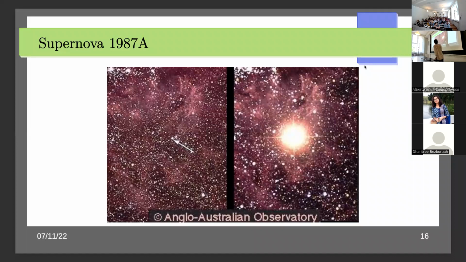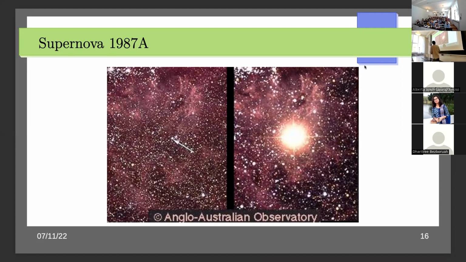This is a picture of the progenitor, this small star. After a few months, it became something like this. Just imagine the kind of increase in brightness that has happened. But this luminosity in the optical range is a very small fraction of the energy emitted by the supernova. Most of it is emitted in the form of neutrinos.